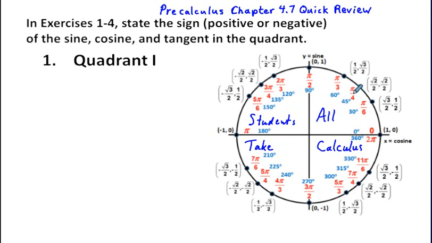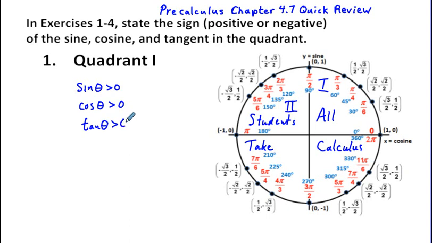What this signifies is that in quadrant 1, the upper right, all trigonometric ratios, sine, cosine, and tangent, are positive. By the way, that answers problem number 1. So we'd say sine theta is greater than 0, cosine theta is greater than 0, and tangent theta is greater than 0.